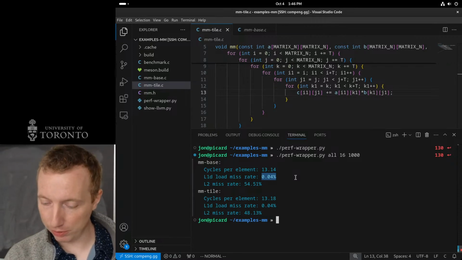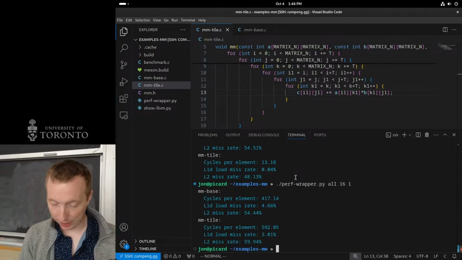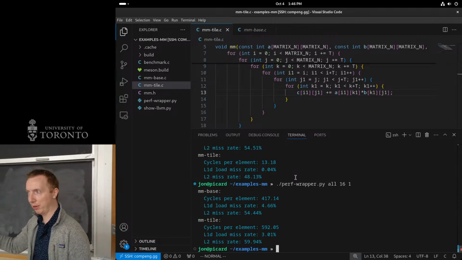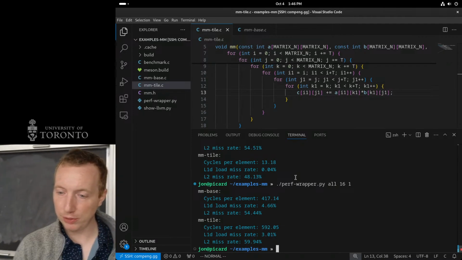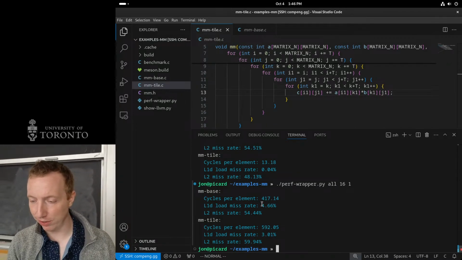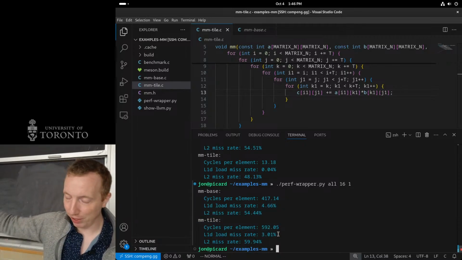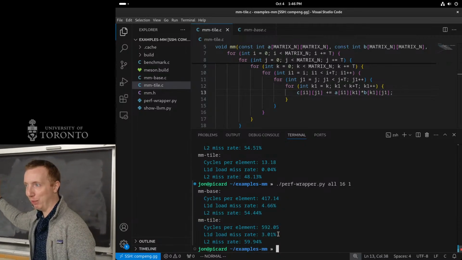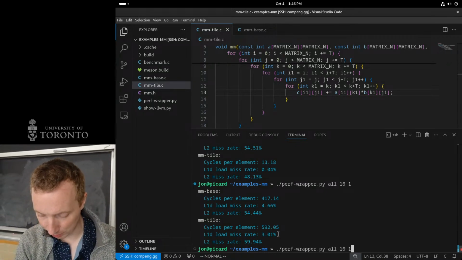If I do it only one time, I'll have a larger miss rate, which gets closer to 1 over 16. There's some things going on with prefetching, but that's why it gets to something like this. And the difference here is essentially just noise. It doesn't really matter at this point because it's doing so little work.